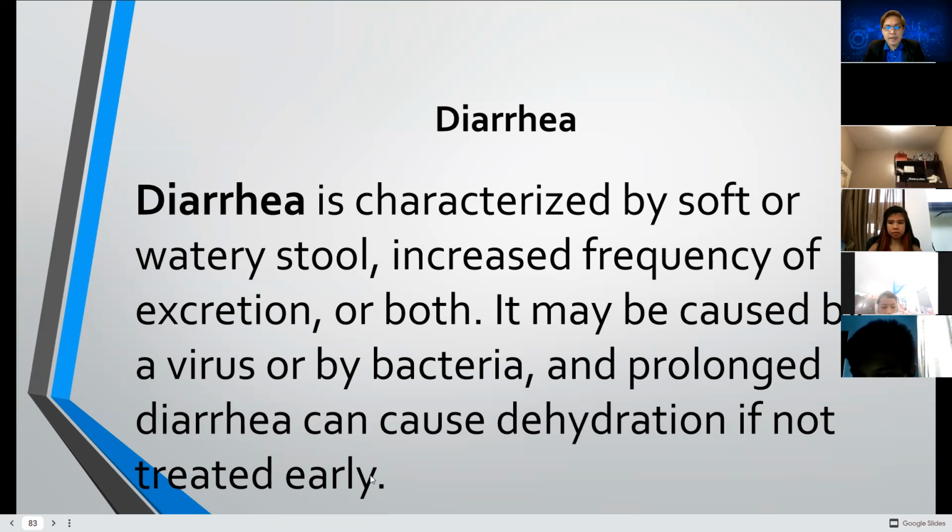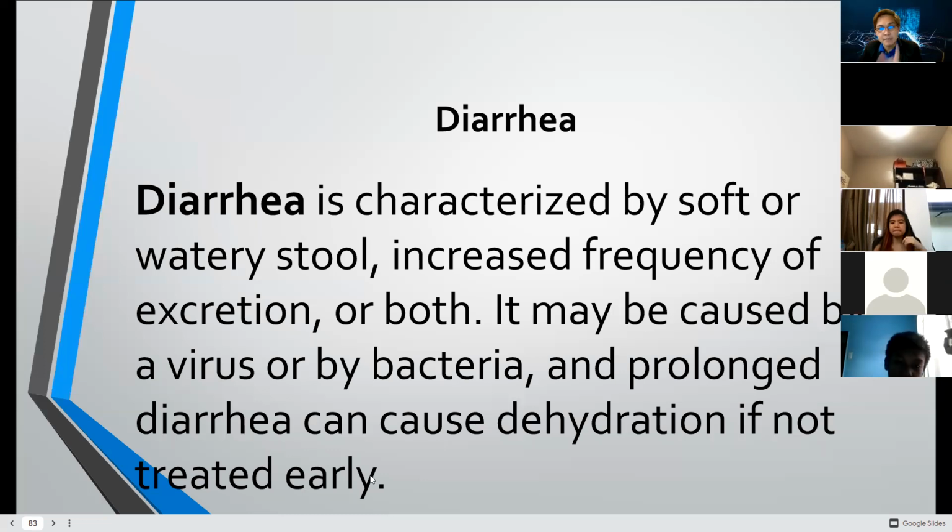Amoeba can irritate the area in your small and large intestine. Take note, it can cause diarrhea and, if not treated, dehydration. The animal there is the amoeba, and the disease associated with it is amoebiasis.